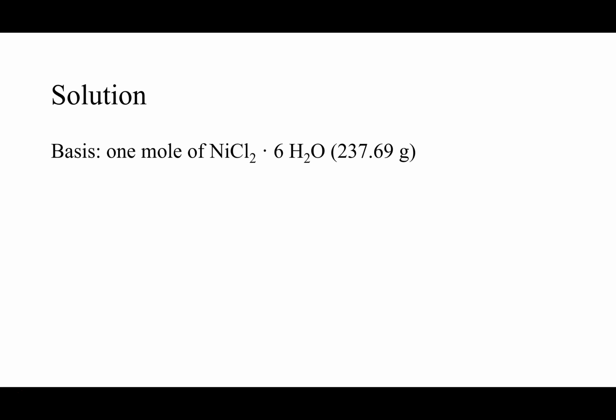Because if I have 1 mole, then I know, since its molar mass is 237.69 grams, I know I have 237.69 grams. And if I have 1 mole, guess what? I have 6 times 18.02 grams of water.